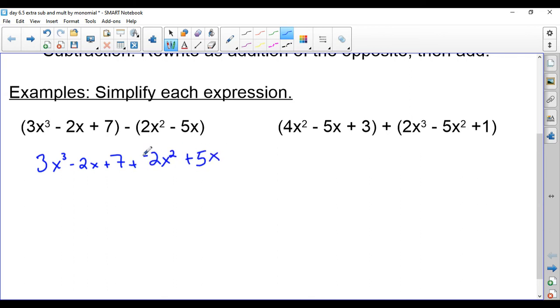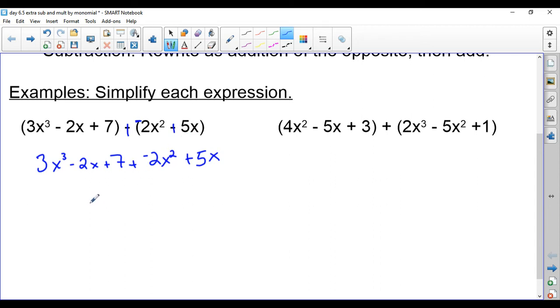I can write this part here as either plus negative 2x squared, or I could write that as minus 2x squared. But I need to make sure that when I change this subtraction to addition, I take the opposite of both terms or all the terms, however many there are inside those parentheses.